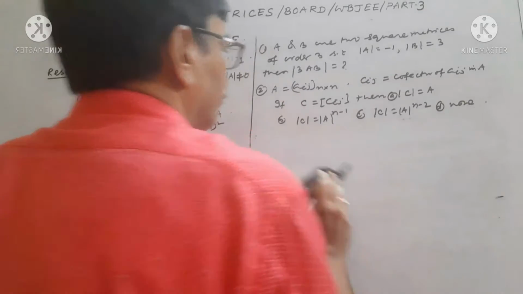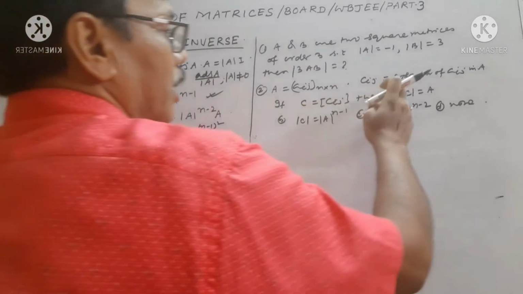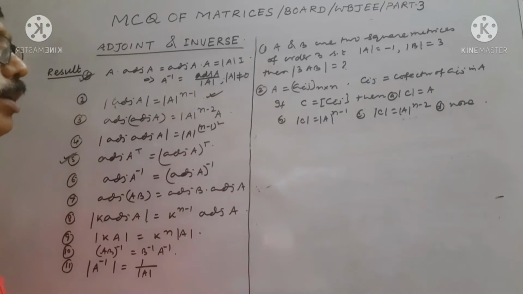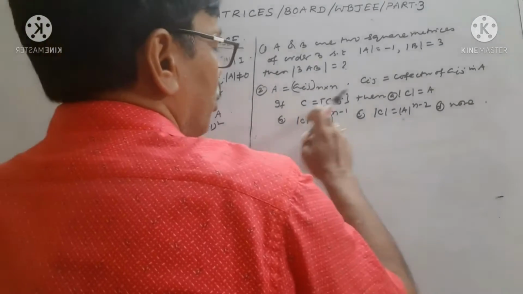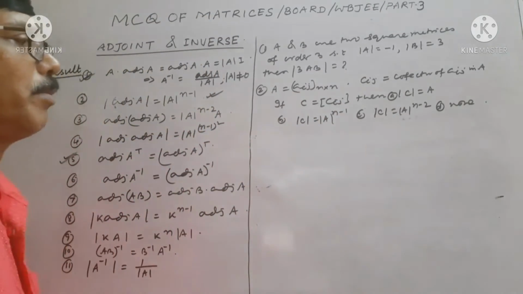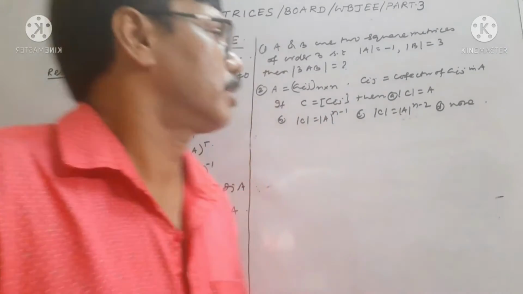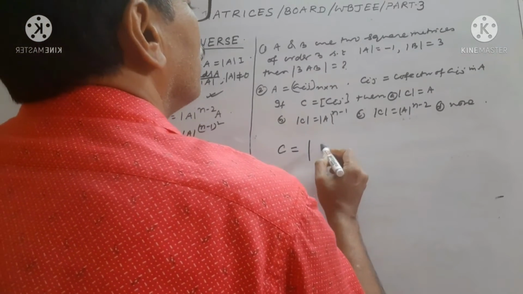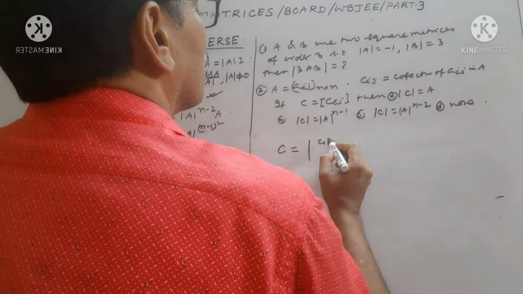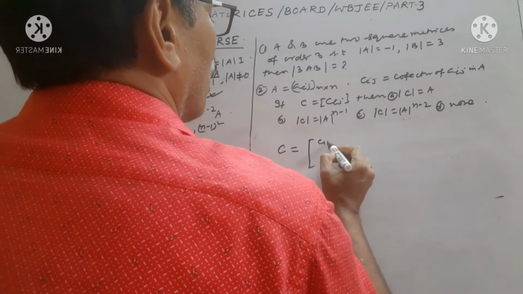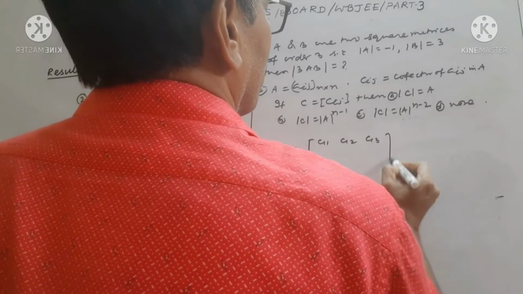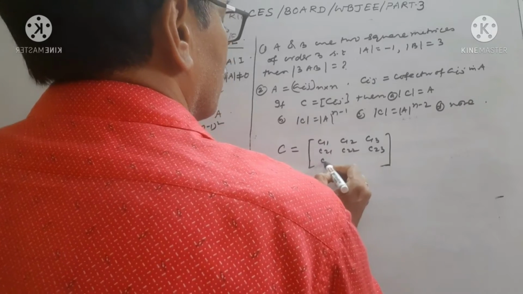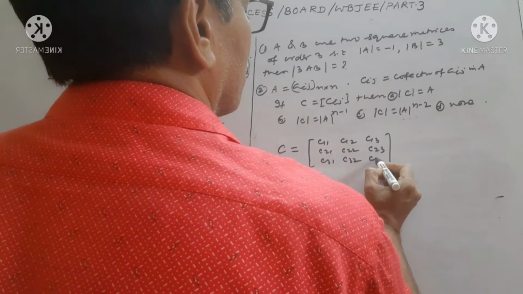Next, Cij is the cofactor of matrix A, of order n into n. Then C equals the matrix taking cofactors: C11, C12, C13, C21, C22, C23, C31, C32, C33.